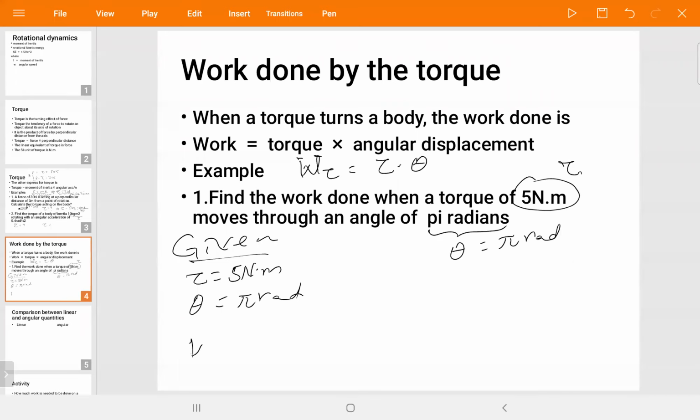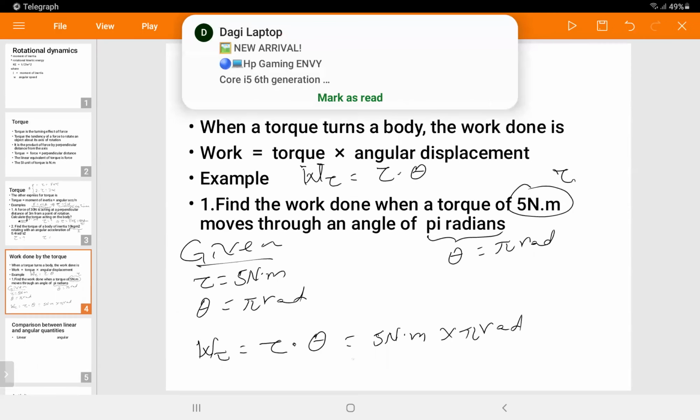Work done by torque is torque times angular displacement, which is 5 Newton meter times pi radian.